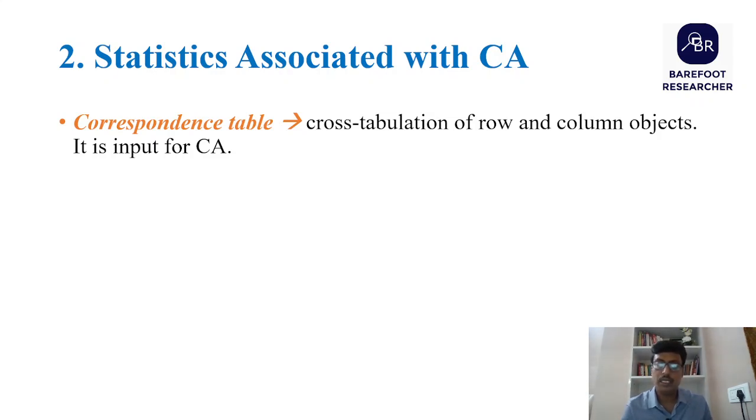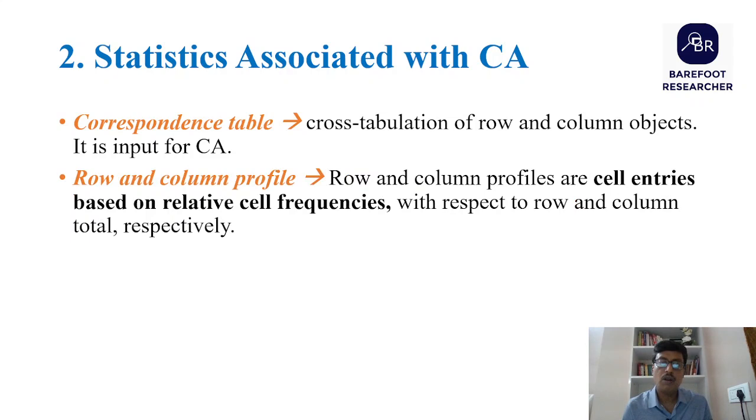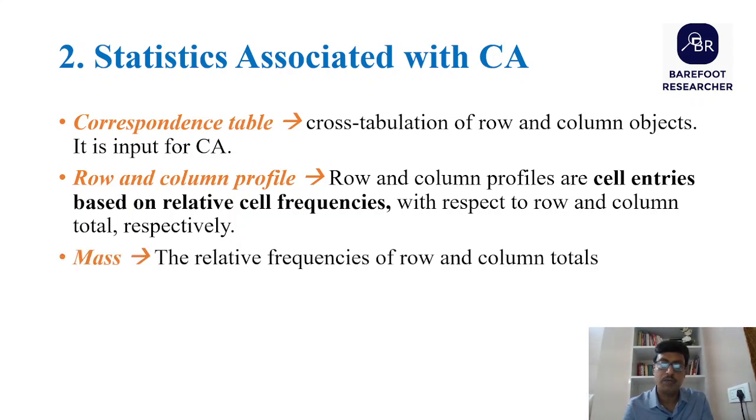So this is basically a tabular form. Now the row and column profiles. The row and column profiles are the cell entries based on relative cell frequencies. We have the row total and column total, and then we can measure, for a particular cell, its relative frequency with respect to the row and column totals. When we explain with the example, that will be clearer.